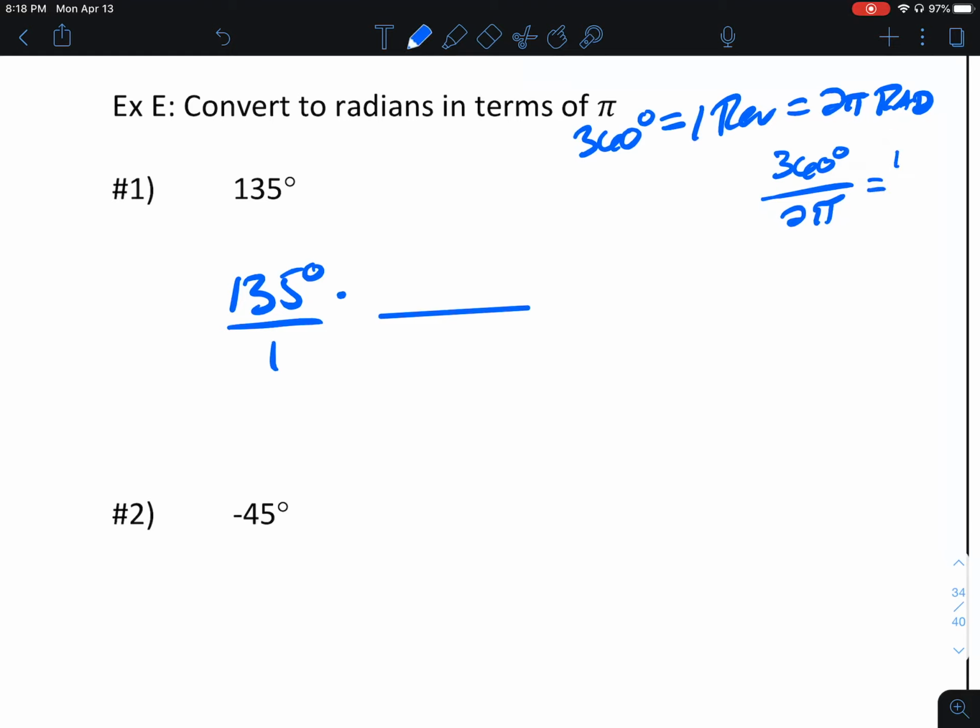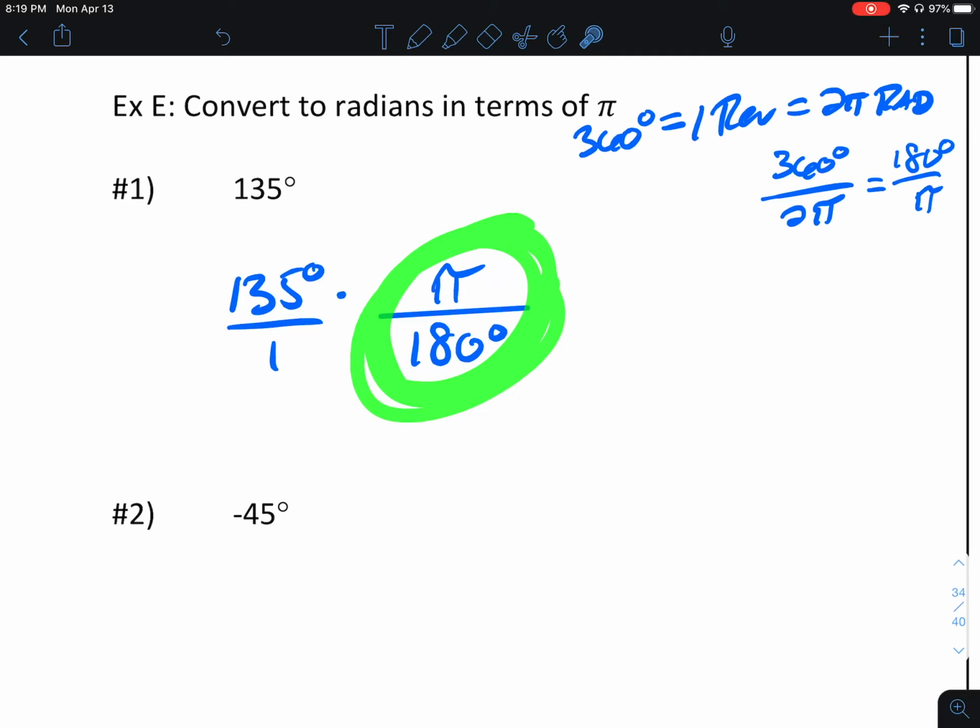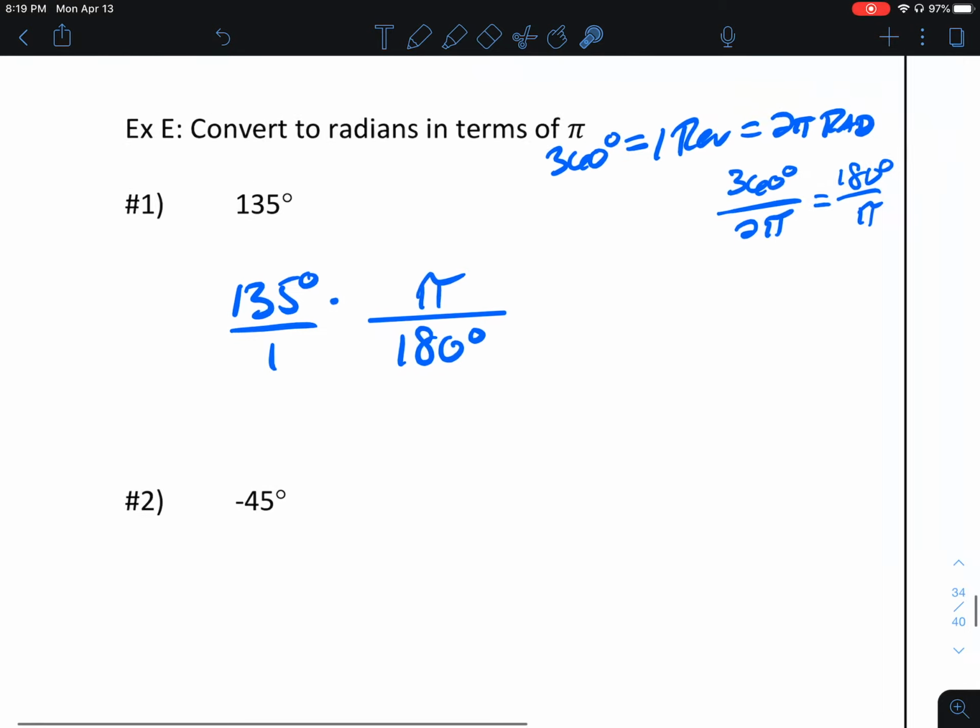If I wanted to make this with easier numbers, I could divide the top and bottom by 2. Half a revolution is 180 degrees. Half a revolution is pi radians. So I'm going to multiply 135 degrees by 1, and I want my degrees to cancel. So I'm going to put 180 degrees on the bottom and pi on the top. This fraction is 1 because the top and the bottom are equal to each other.